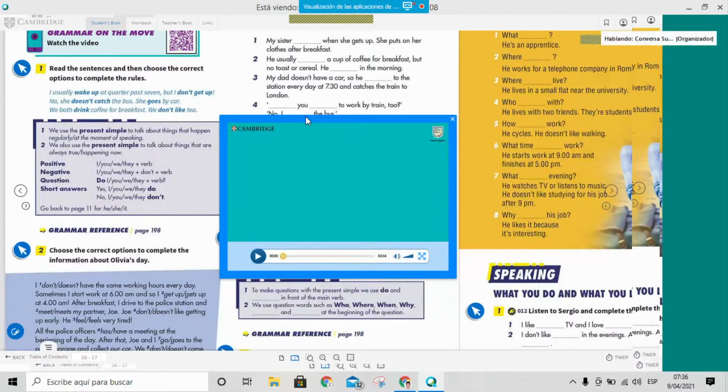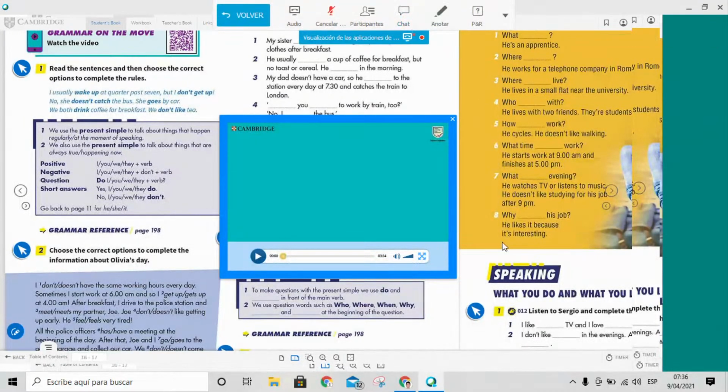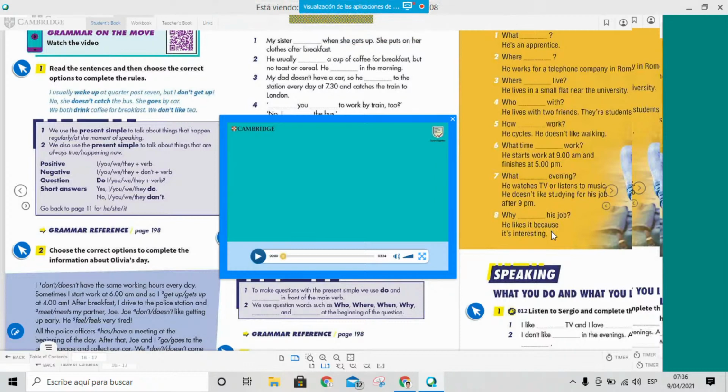We use the present simple tense to talk about things that happen regularly. For example, I go to college every day. Some of my lectures start at 9 a.m., so I get up at 7 a.m. She doesn't work in the evening. We also use present simple to talk about things that are always true, or current facts.